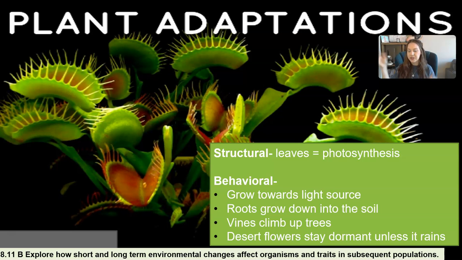Vines can climb up trees so that they can reach the top of the canopy and get light. Desert flowers can stay dormant for extremely long periods of time to wait for the rainfall. All of these are behavioral adaptations for plants, okay? So when you hear behavioral, I don't want you to only think about animals. Plants can do these things too. Okay.